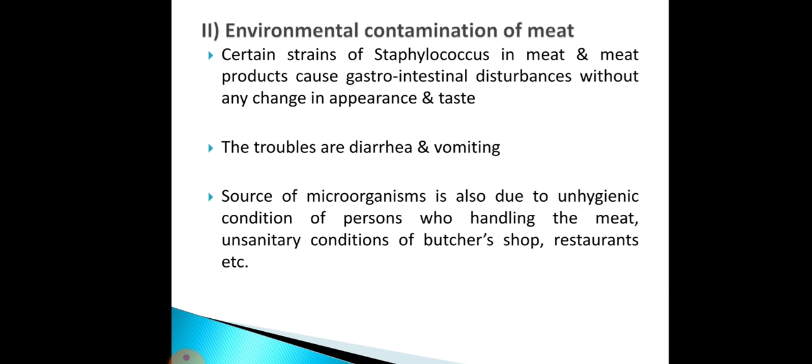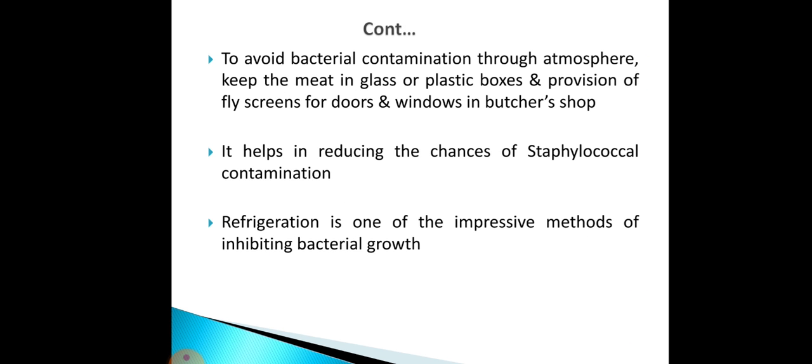Sources of microorganisms also include unhygienic conditions of persons handling the meat, and unsanitary conditions of butcher's shops, restaurants, etc. To avoid bacterial contamination through the atmosphere, keep the meat in glass or plastic boxes, and provide fly screens for doors and windows in butcher's shops. It helps in reducing the chances of staphylococcal contamination. Refrigeration is one of the impressive methods of inhibiting bacterial growth.